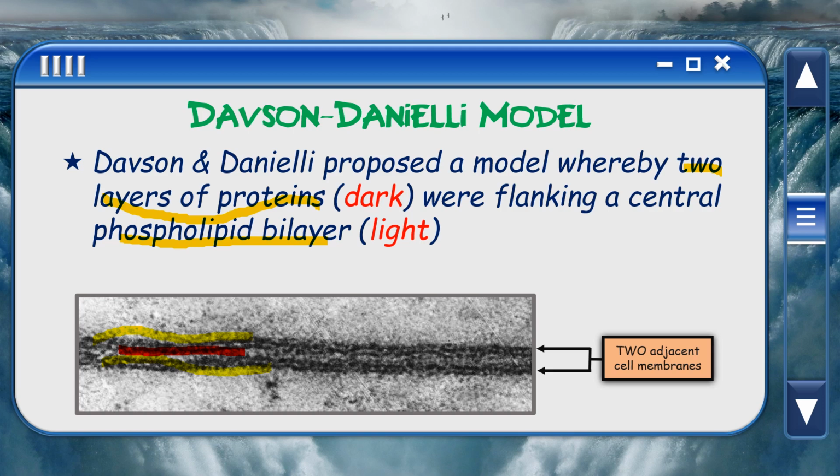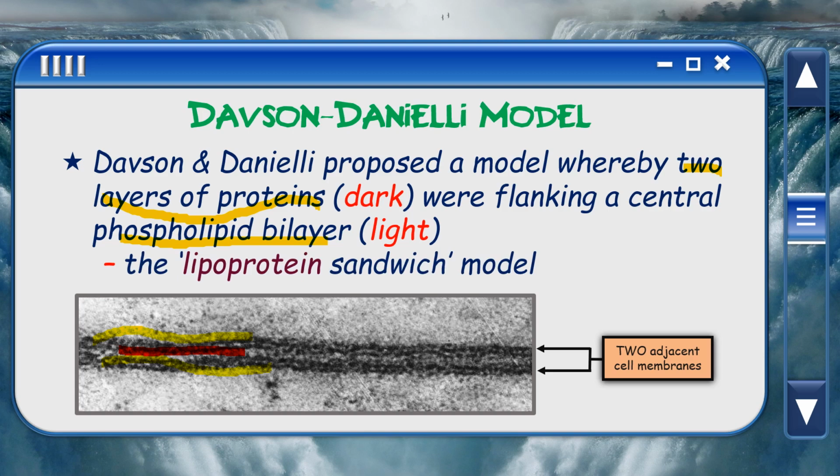That's what they proposed, that the cell membrane is made up of two dark protein layers flanking a central phospholipid bilayer, which is the light one in the middle. This is the lipoprotein sandwich model.